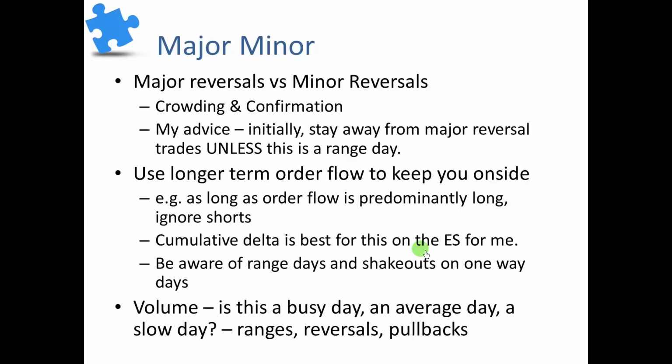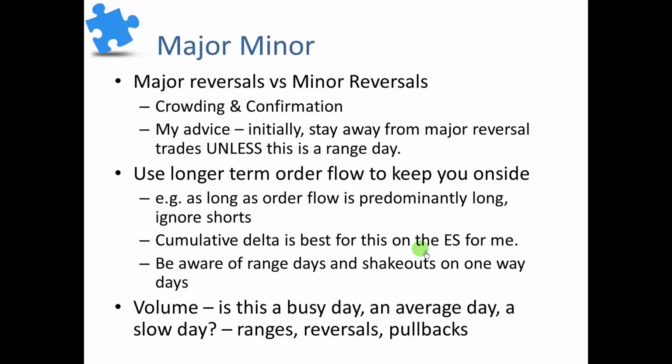And some very, very large players, all they do is look to push people around in those places. Now, if we consider a pullback, a retrace to a step in the intraday profile, a minor reversal, that I'd consider an uncrowded area where there's not so many people jostling for position, and also not so much opportunity for somebody who's nudging the market around to take a lot of people out.